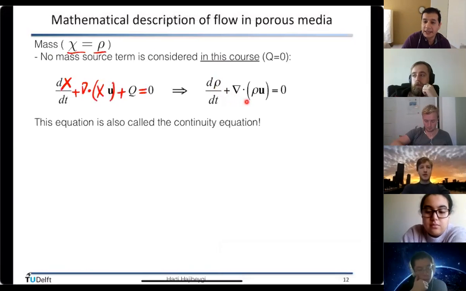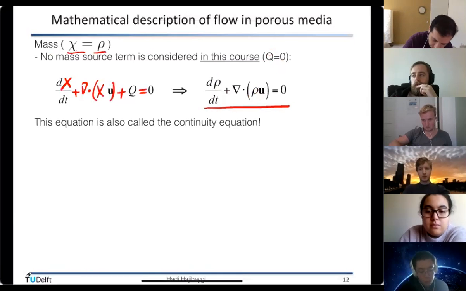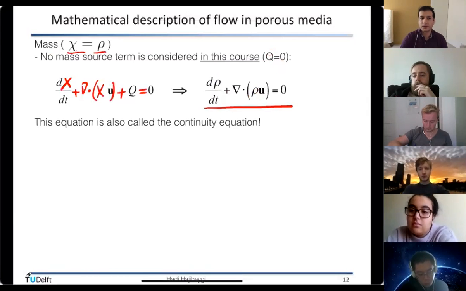Instead of x times u, I write rho times u. And I assume there is no source term or sink term, so q is 0. Then I find that to be my mass conservation. Sometimes it's also called the continuity equation as well.